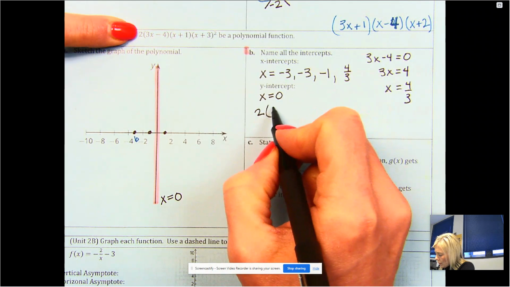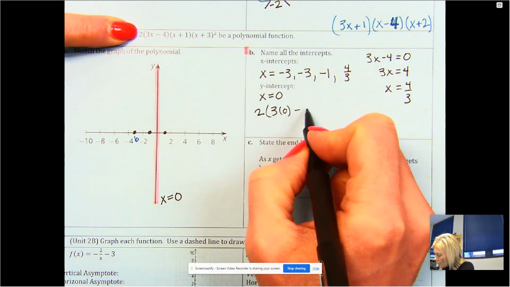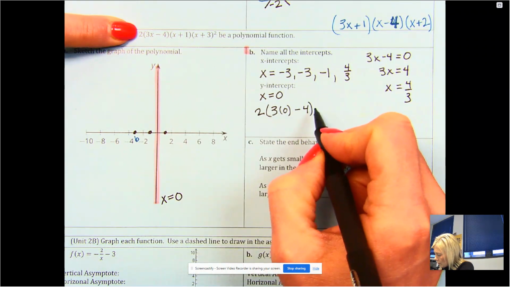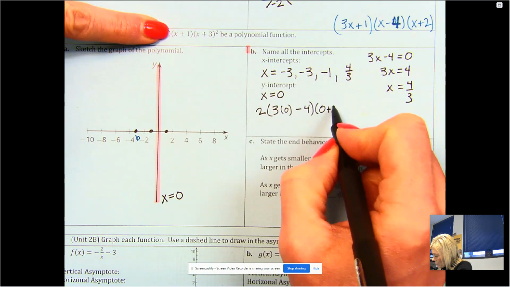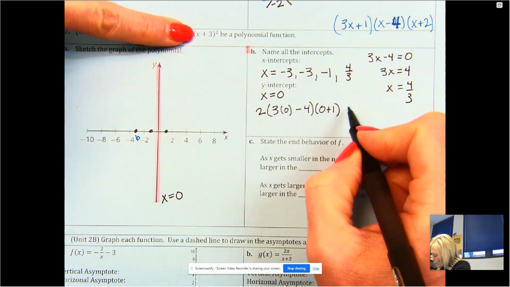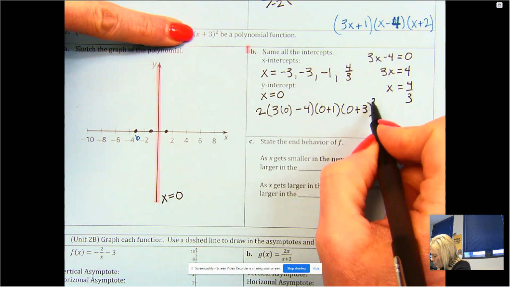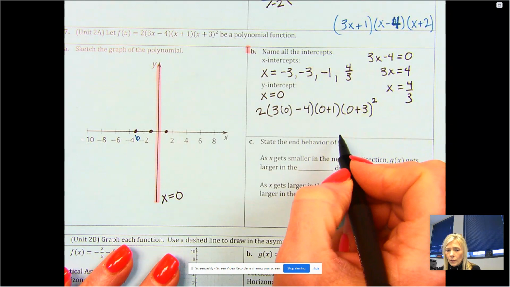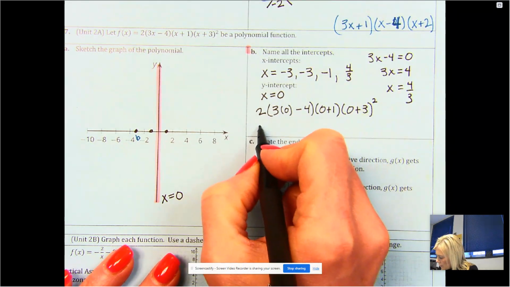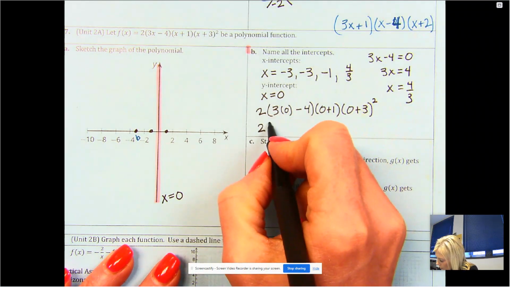So it's 2 times 3 times 0 minus 4 times 0 plus 1 times 0 plus 3 squared. And if you want to shorten this up, you certainly could, because this is 0. 0 minus 4 is negative 4.